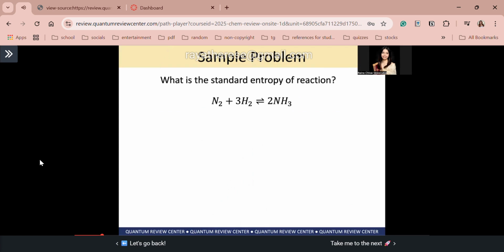What is the standard entropy of reaction given this reaction where N2 nitrogen plus 3 hydrogen forms ammonia? Okay? So, here we are given the values for the standard entropy values of ammonia, H2 and N2. Okay?